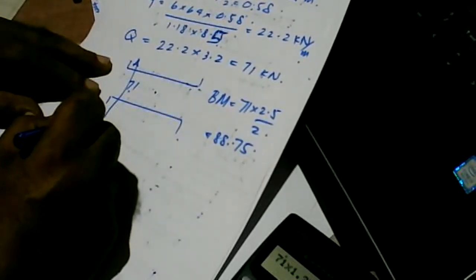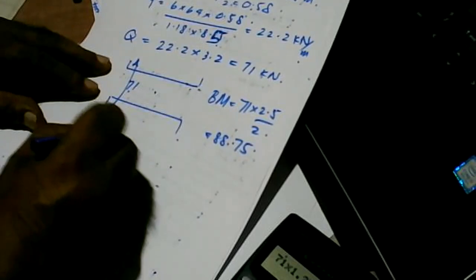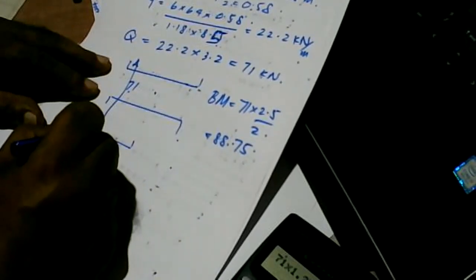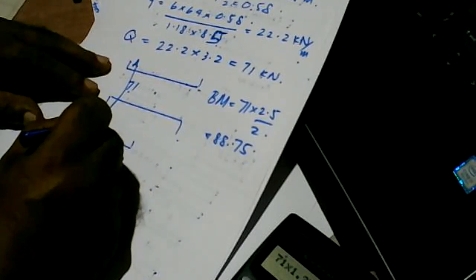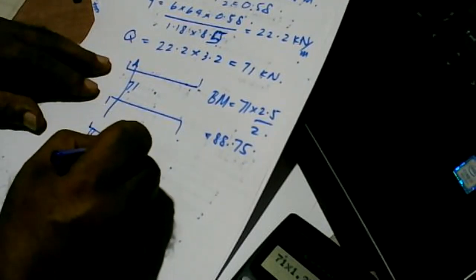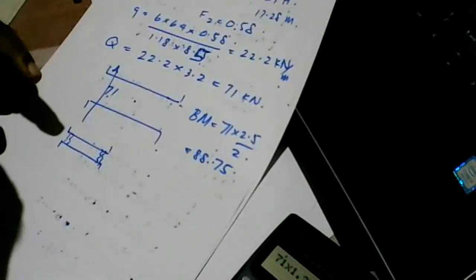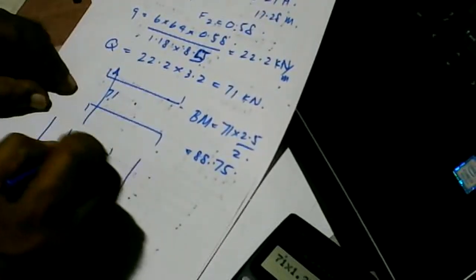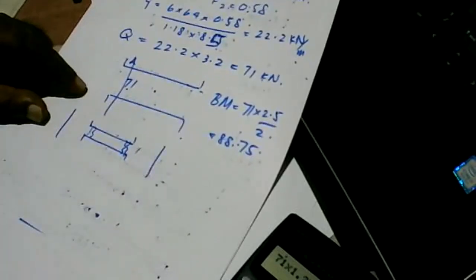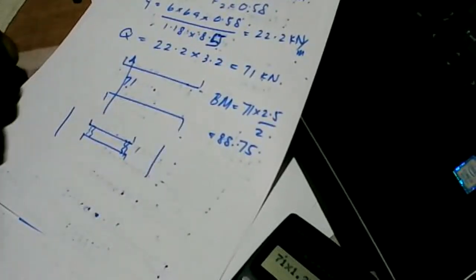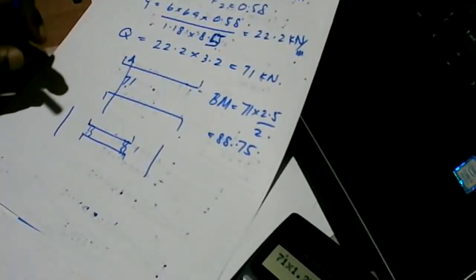Generally in coupling beams, in case of earthquakes, sometimes these coupling beams can fail here due to the formation of plastic hinges. So this is the wall, this is the wall. Wall is very rigid, beam is not that rigid. So plastic hinges can occur here.